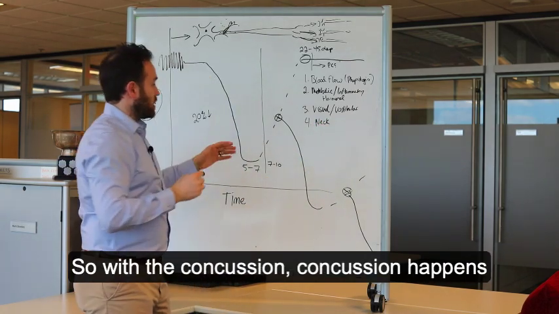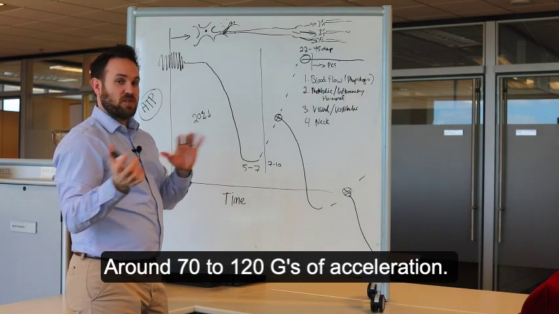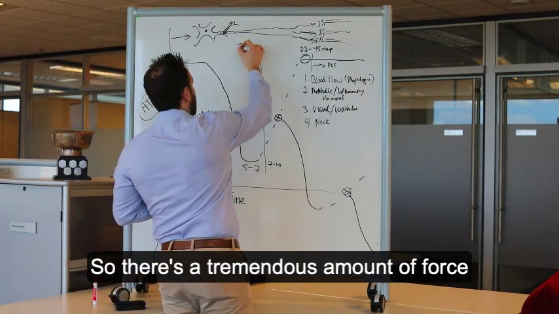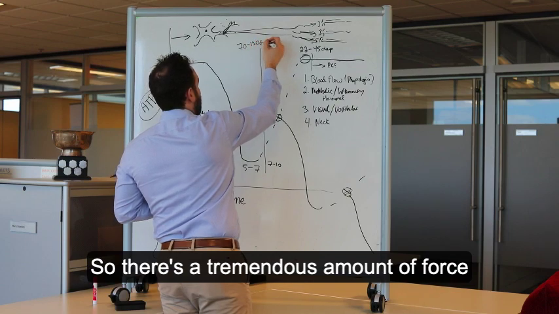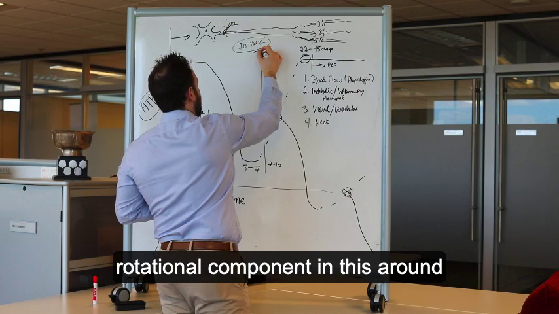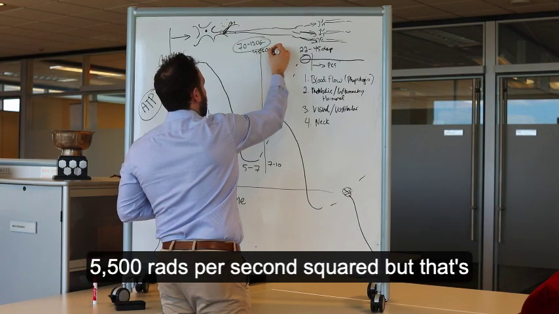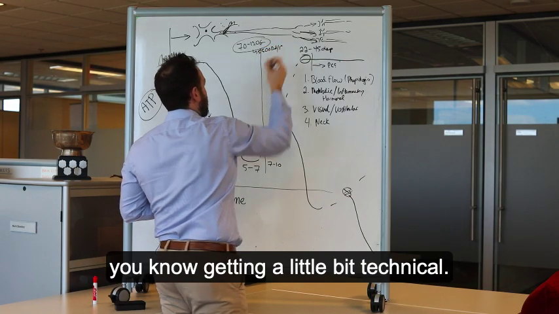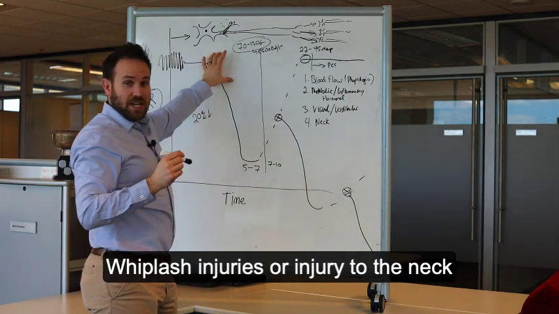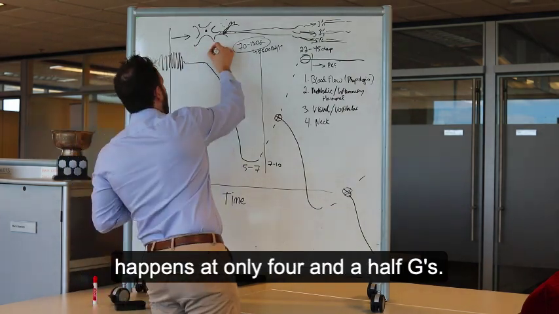A concussion happens at around 70 to 120 Gs of acceleration. So there's a tremendous amount of force, right? There's also a rotational component, around 5,500 rads per second squared, but that's getting a little technical. Whiplash injuries, or injury to the neck, happen at only 4.5 Gs.